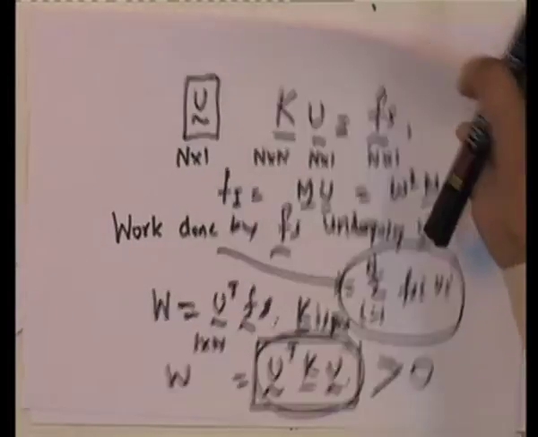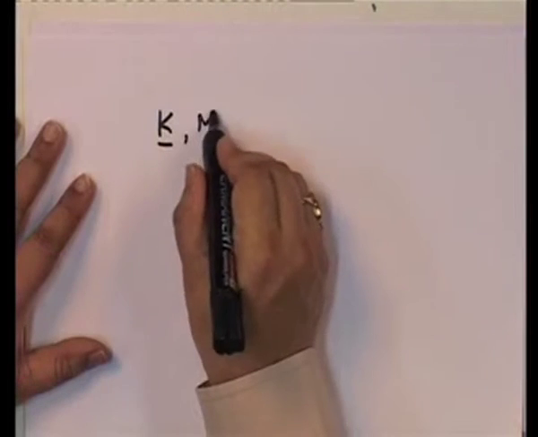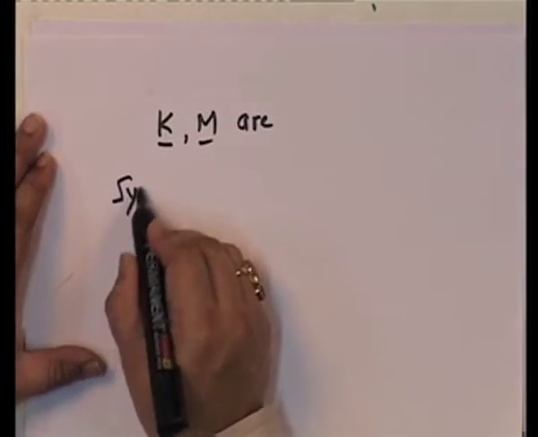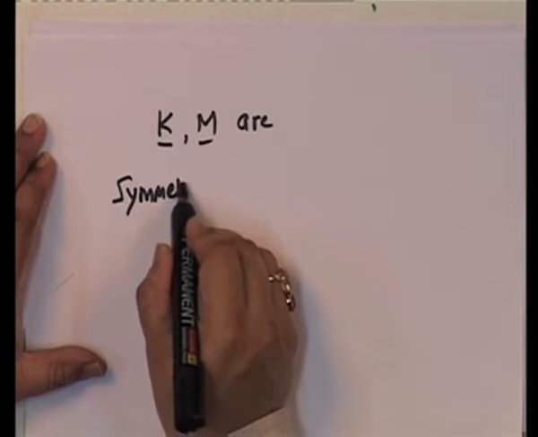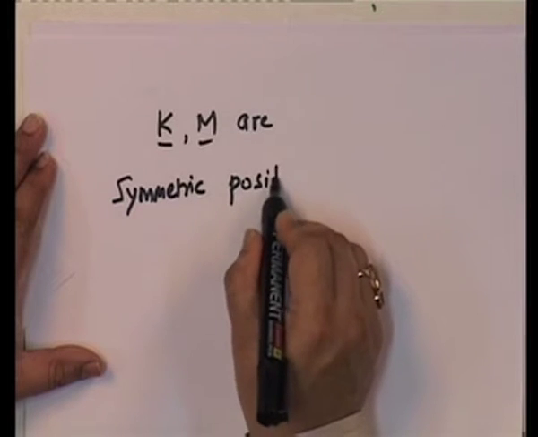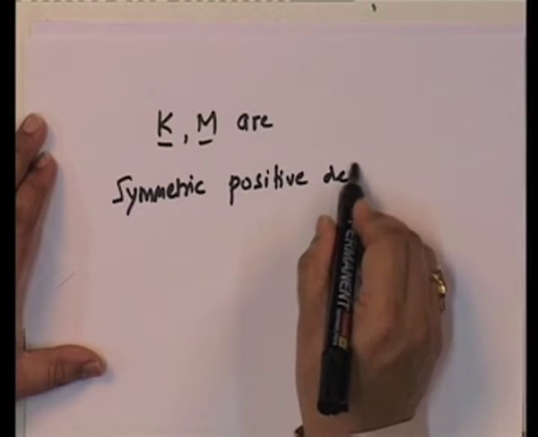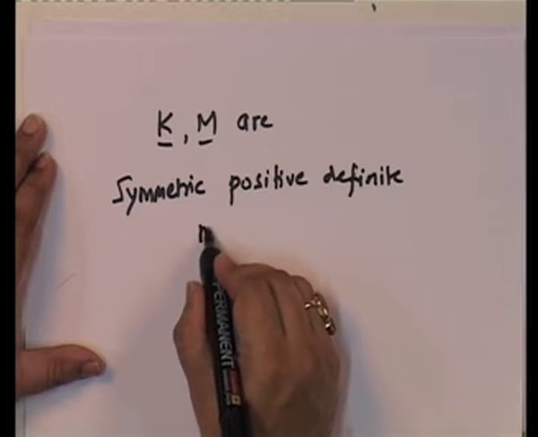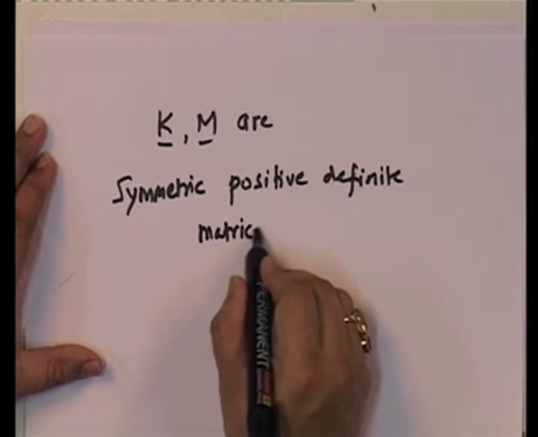Well, if they are positive definite matrices, what is the beauty of it? Well, so K, M are symmetric positive definite matrices.